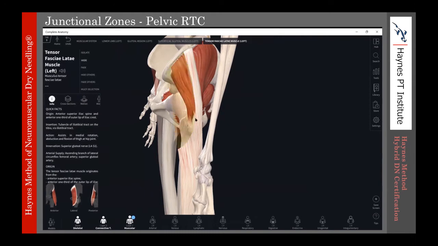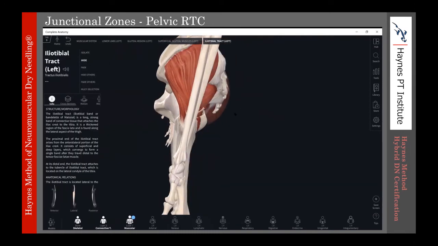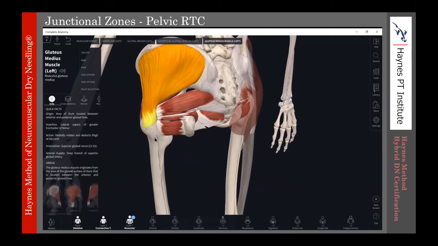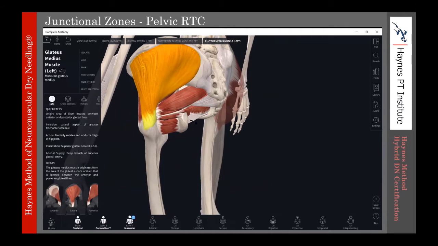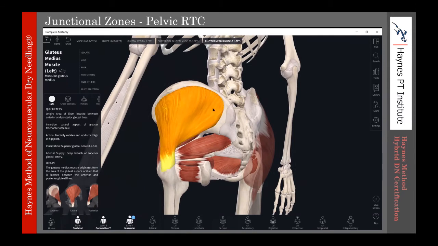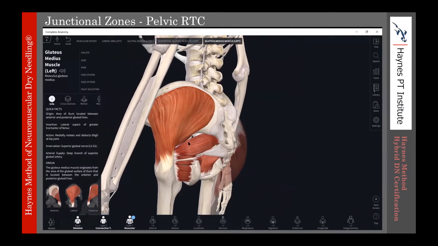But let's hide that and that, and let's get to gluteus medius and then minimus. So gluteus medius, its origin is the area of the ilium located between the anterior and posterior gluteal lines, which, with the muscles removed, you can see the gluteal lines. It inserts into the lateral aspect of the greater trochanter of the femur.